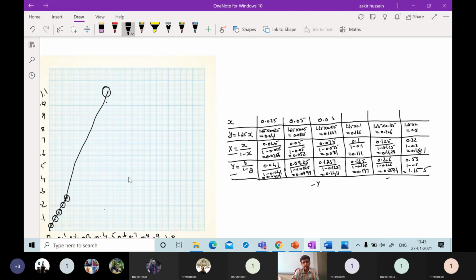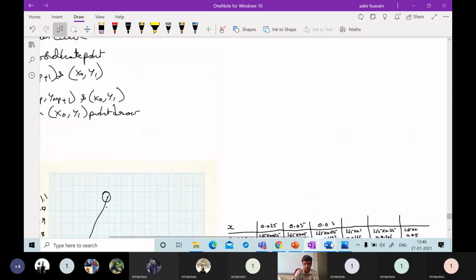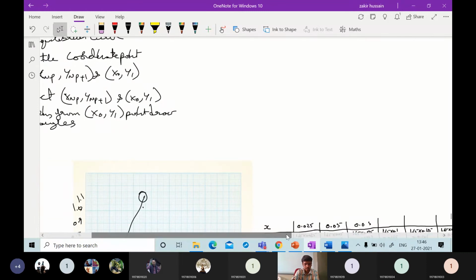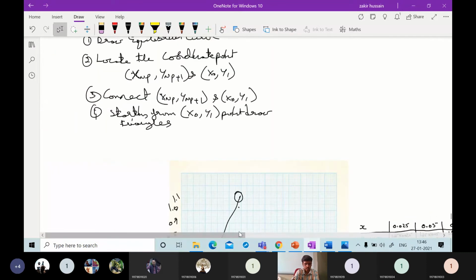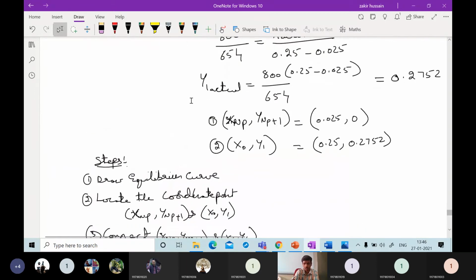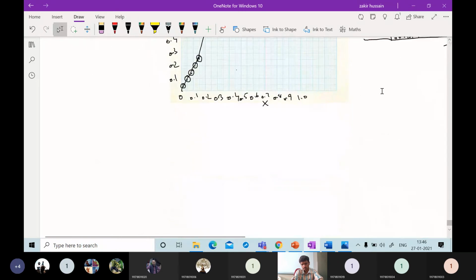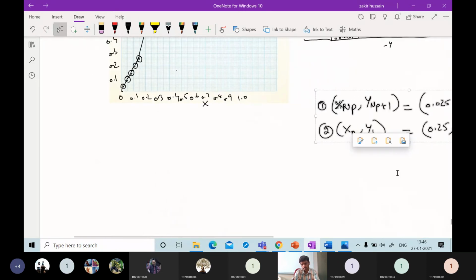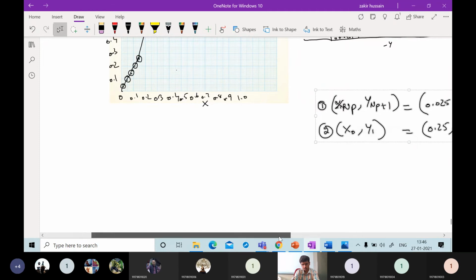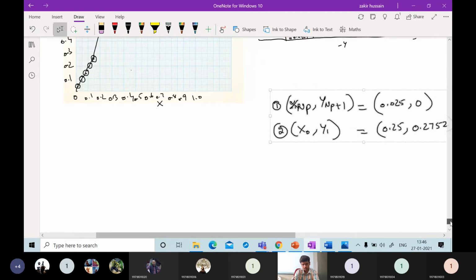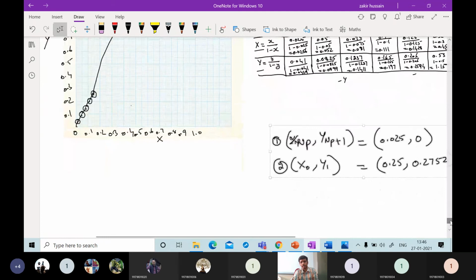After connecting this one, since we already know two data points, I have written them somewhere. Yes, these two points we have to locate.